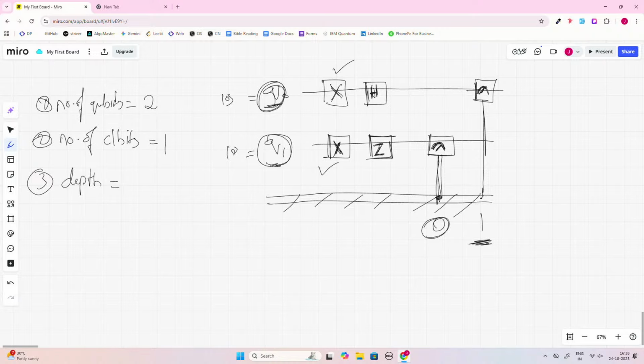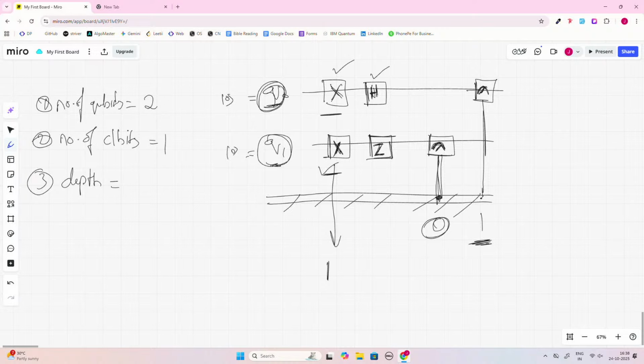These two can execute at the same time, yes or no? Is there any relation between these two gates, these two qubits at this point of time? Is there any connection? No. So this operation as well as this operation, both of them can execute in parallel, right? So this is level 1.